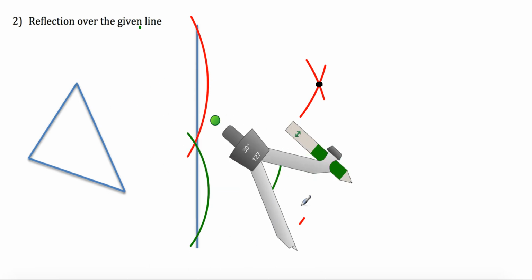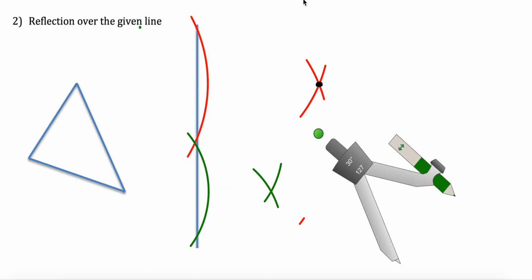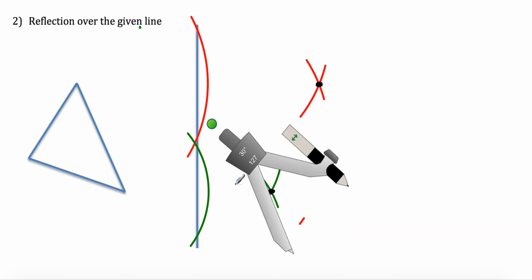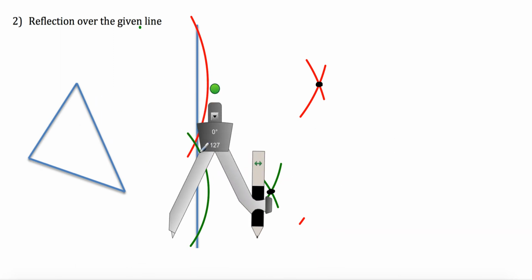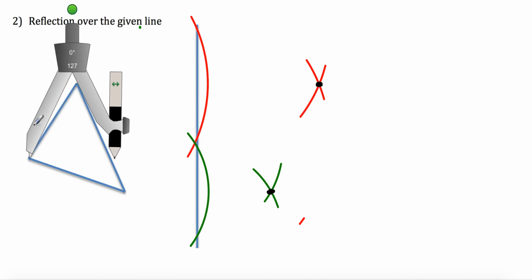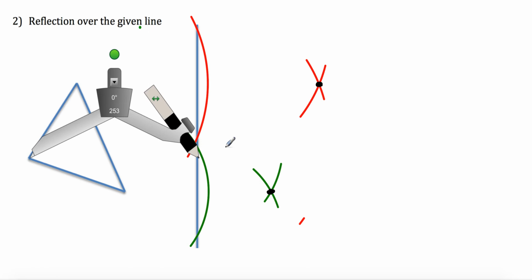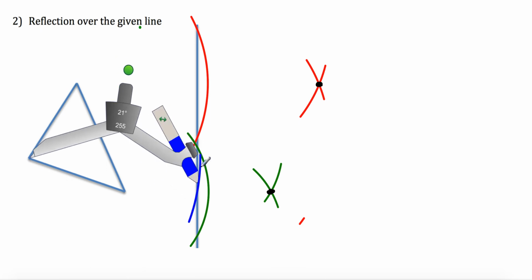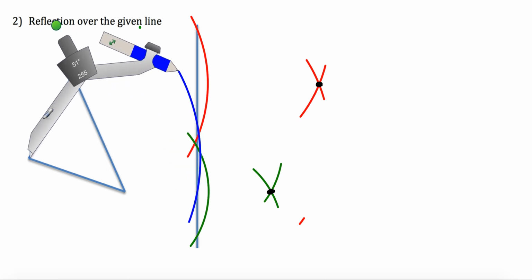And then that's my second point. And third point is coming from here. And maybe I'll just use the blue.